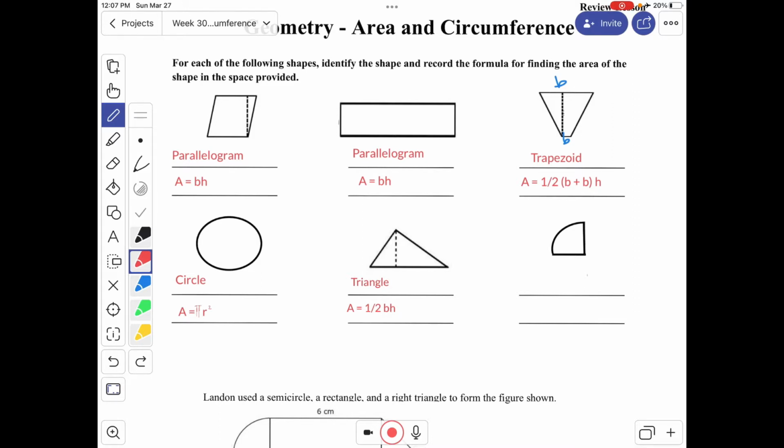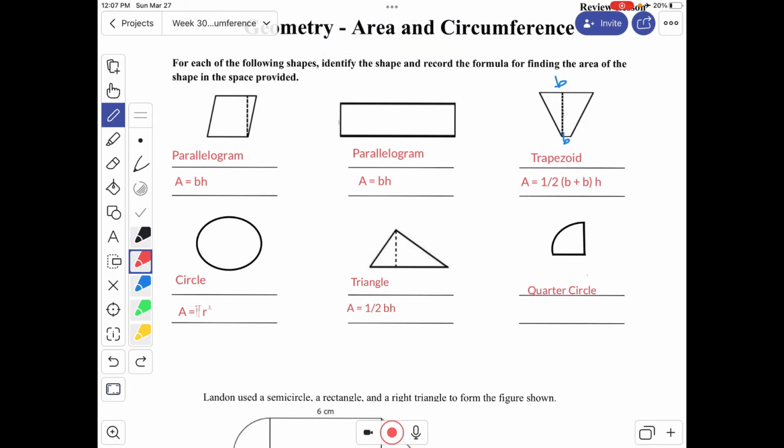The next shape is kind of curved. It's part of a circle. Well, how much of a circle is it? It's not a half of a circle. It's half of a half circle, which is 1/4. So this is a quarter circle.